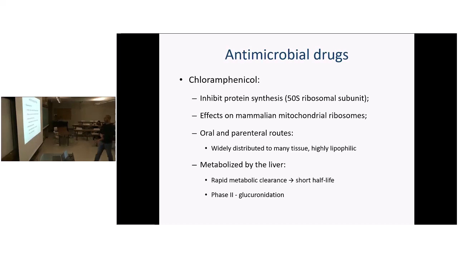But the most problematic thing is that chloramphenicol can actually affect the animal's own cells, because of the way it acts, especially on the 50S ribosomal subunit, you can get instances where you cause some toxicity in the animal by using a little bit too much.